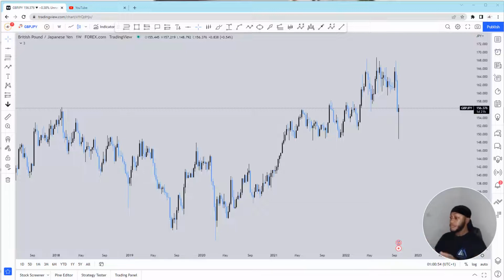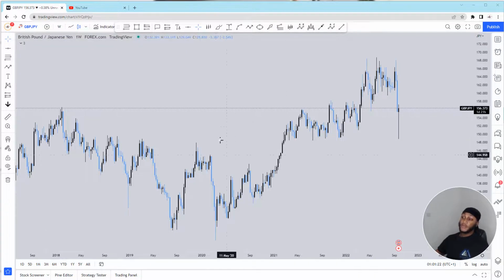So first thing you can see, I have GBP JPY, right? And you can see I'm starting off on my weekly. Every candlestick that you see on this time frame represents 1 week, right? So whether it's a bullish bar, which means it's going up, it represents 1 week. If you look at GJ on your weekly time frame, you can see some massive candlesticks.